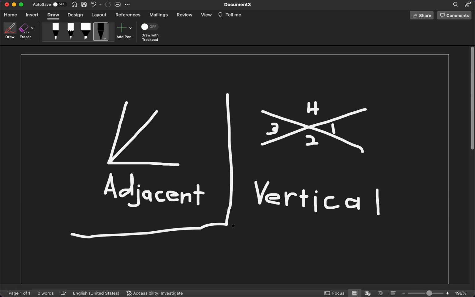So far we have two kinds. We have adjacent angles, angles that are next to each other, and we have vertical angles, angles that are opposite each other.